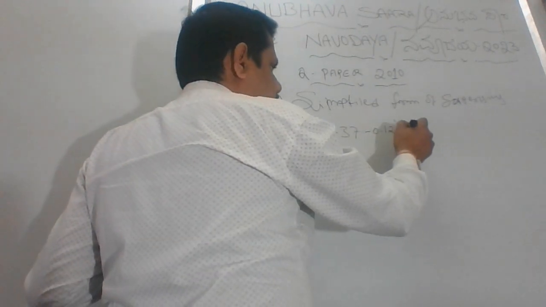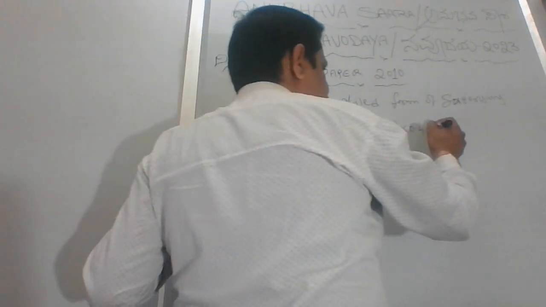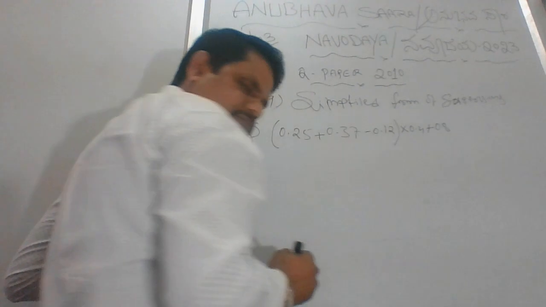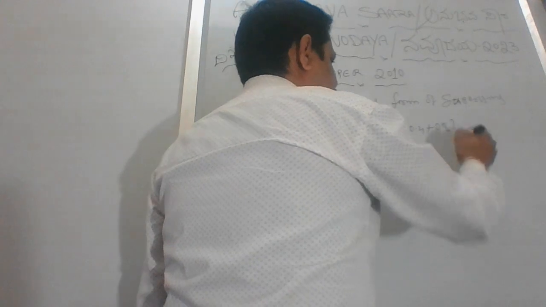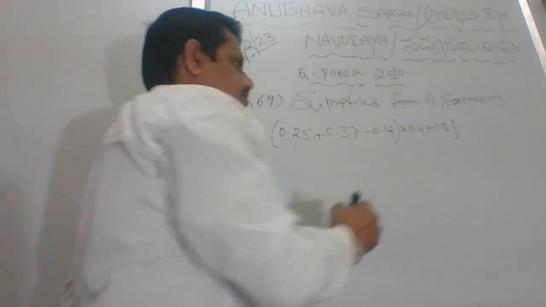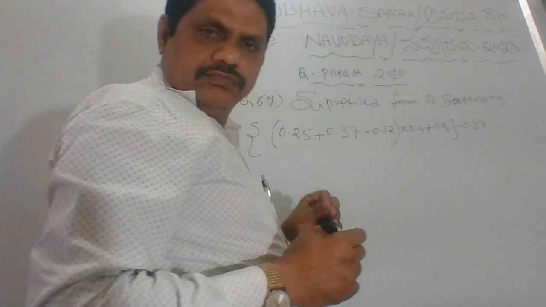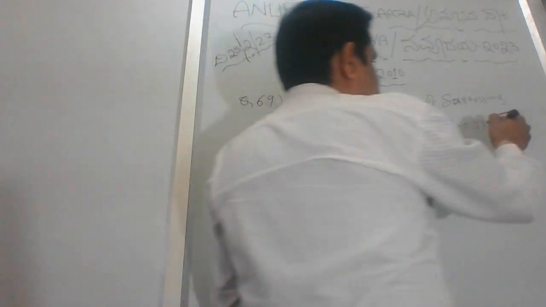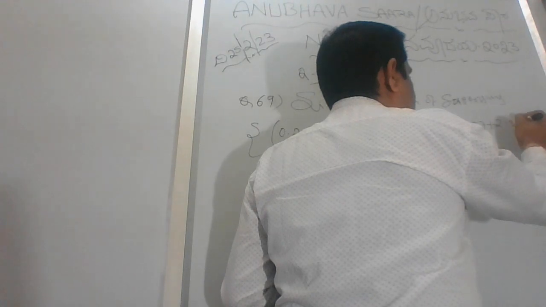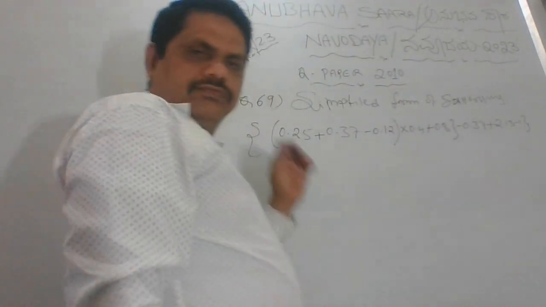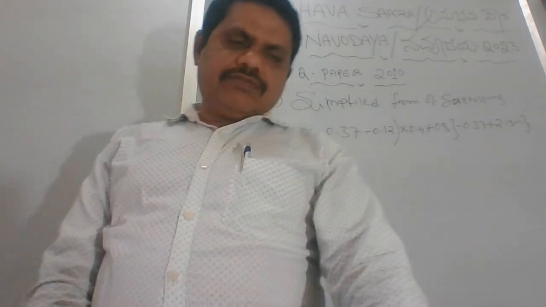Here we close, multiply by 0.4 plus 0.8, and close with the flower bracket, minus 0.37 plus 2.13 minus 1. Okay, so I think you can see the entire question.